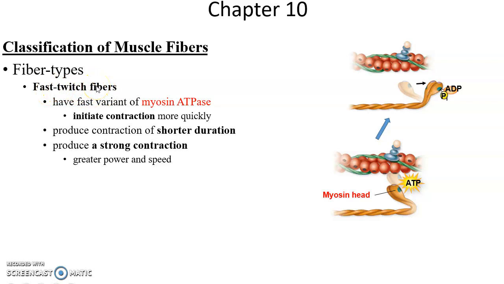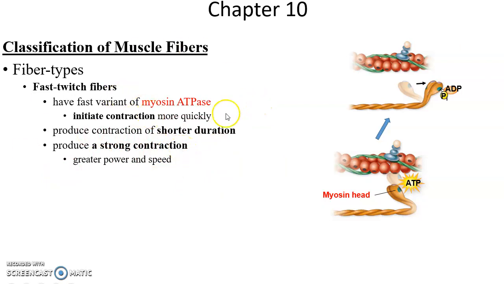Fast twitch fibers have a faster myosin ATPase. So the myosins are actually able to initiate and change shape faster. They can return and be ready to lead to more contractions faster. So the contraction is for a shorter duration, but it is a stronger contraction because it's more powerful and faster.